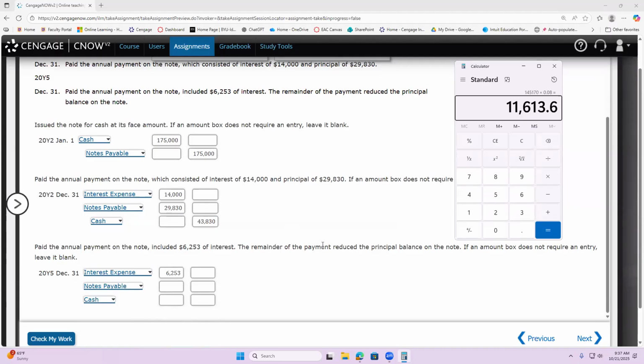So I'm going to round that to the nearest dollar. 11,614 in interest, which means our principal, if we pay 43,830 every year, is going to be 43,830 minus the amount that was interest, or 37,000.